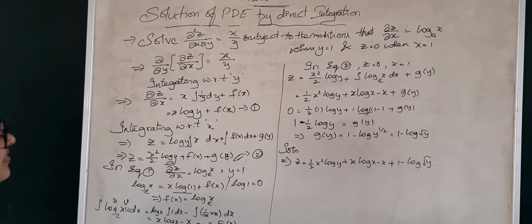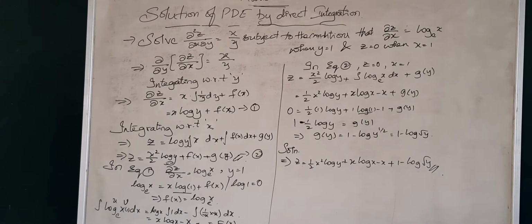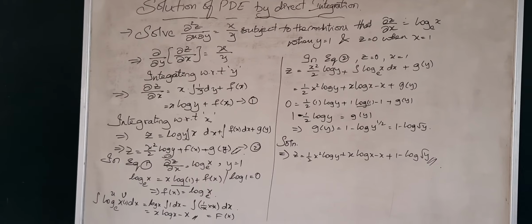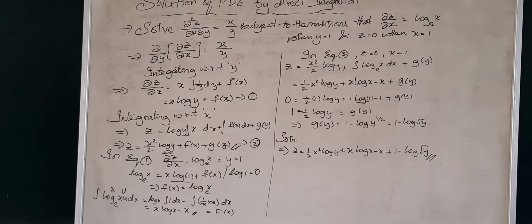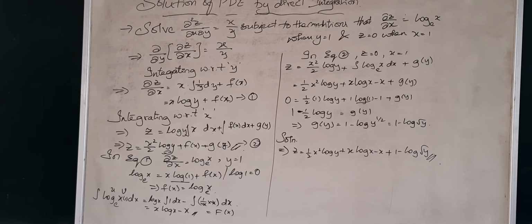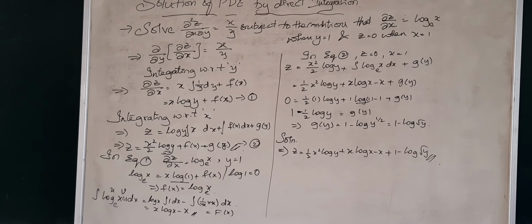You don't have to simplify anything, you can just leave it as it is. Understood guys? So this is the way how we apply the method of direct integration when a partial differential equation is given with the given conditions. We can also find the constants of integration and hence obtain the final solution of the given PDE. Understood?